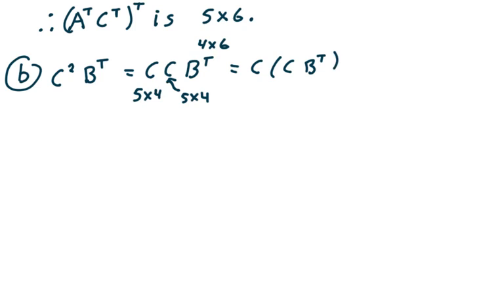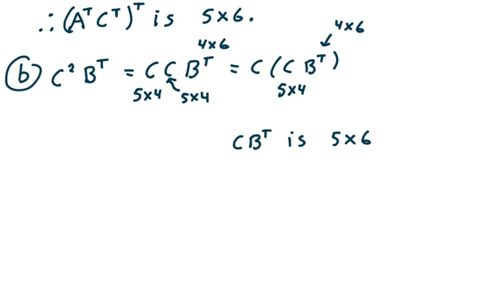Now, I agree, remember, C is 5x4. And then B transpose is 4x6. And so CB transpose is 5x6. That one makes sense, right?